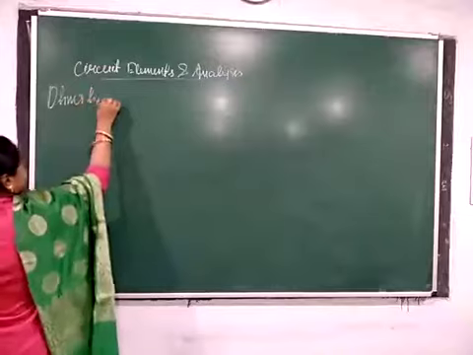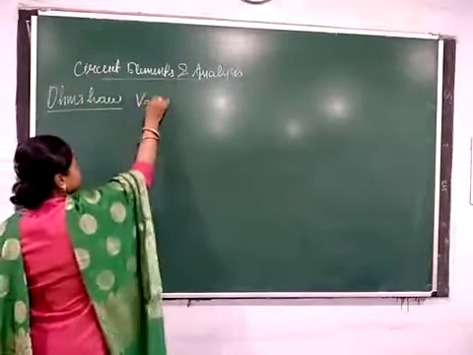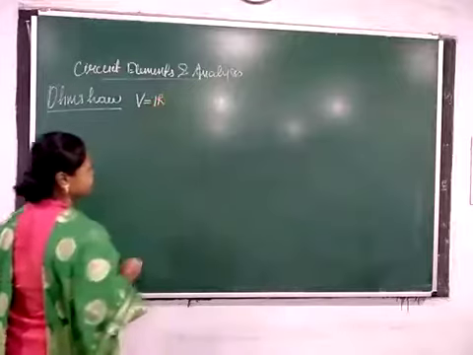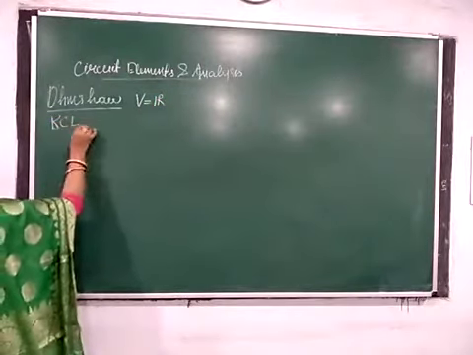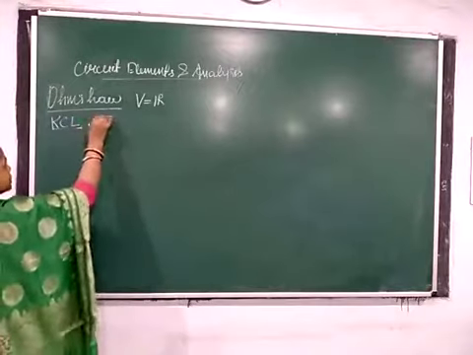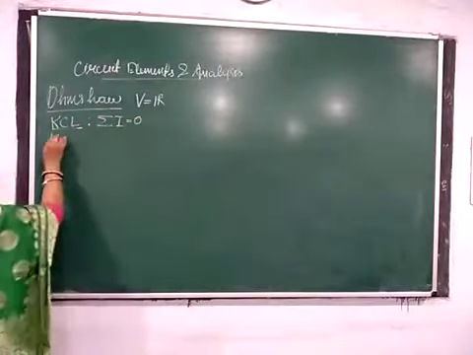Ohm's law. According to Ohm's law, V is equal to IR. Kirchhoff's current law: according to Kirchhoff's current law, the algebraic sum of currents meeting at a point is equal to 0.